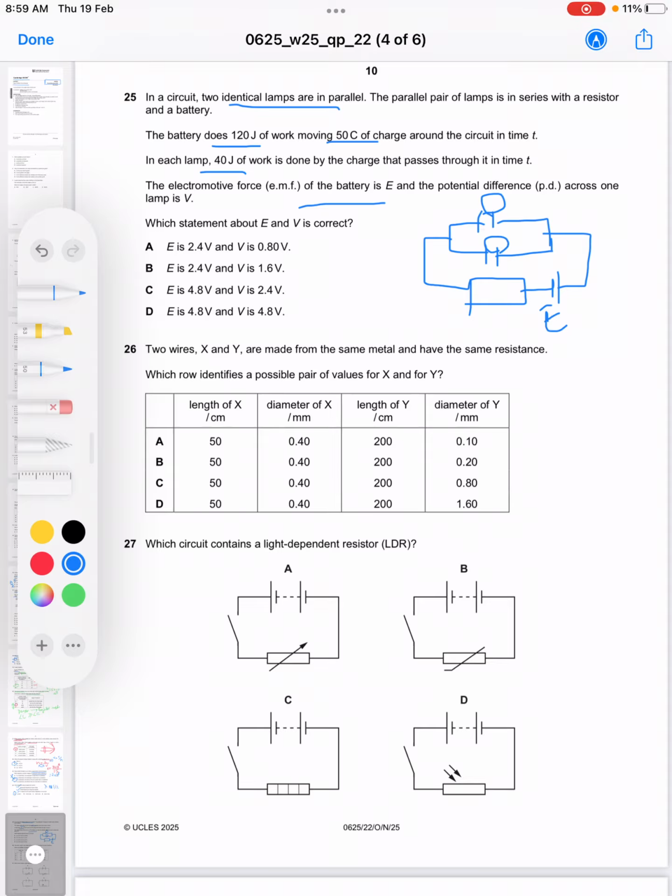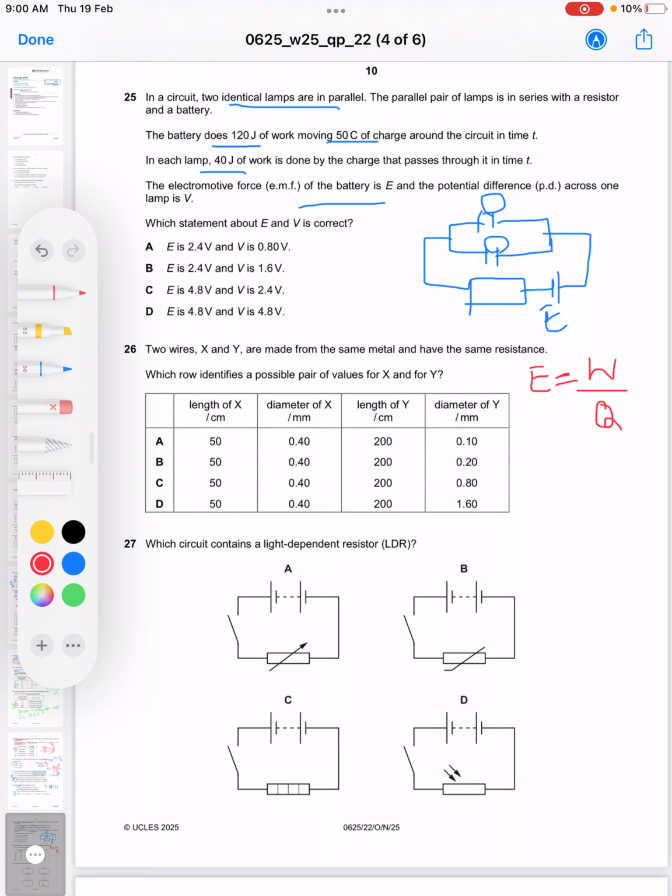So let's calculate the values. Basically, EMF E is equal to the work done by the battery divided by the charge moved. E is equal to W by Q, how much charge is transferred.